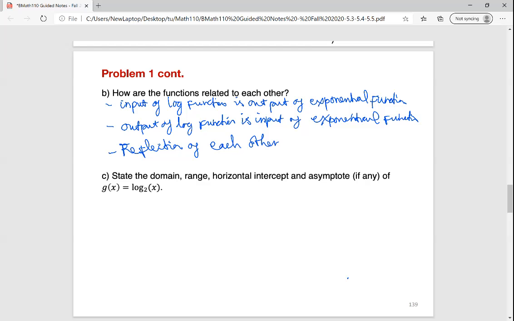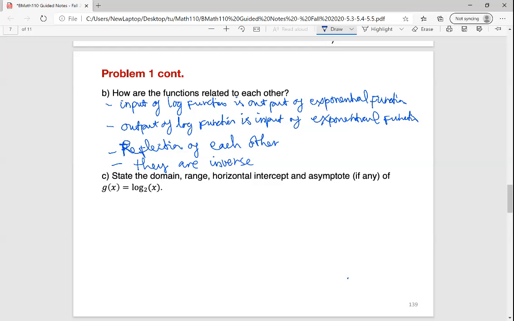All right. And lastly, I'll say they are inverses. They are inverse. Okay, that's it.